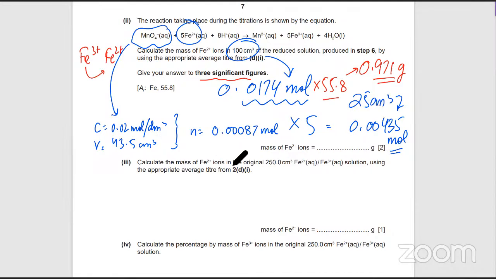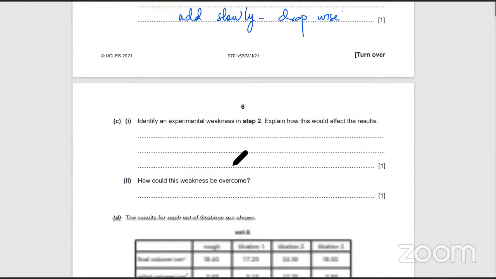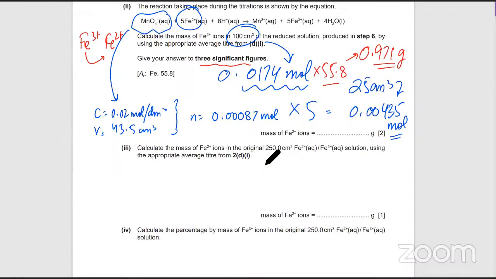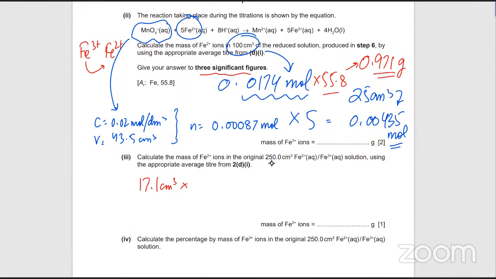Now he's asking what was in the original sample, how much was used, it was 17.1. So in the original sample the MnO4 that was used was 17.1 cm³. So I think you have to do all of this again.